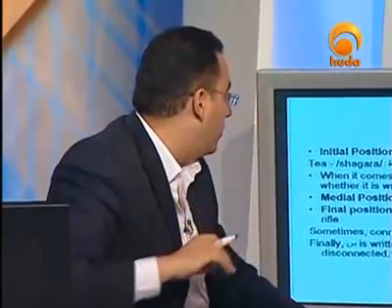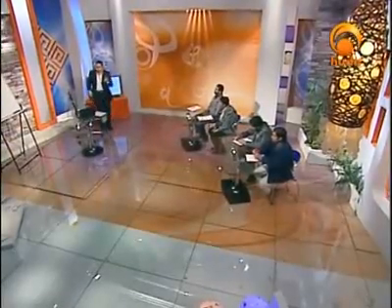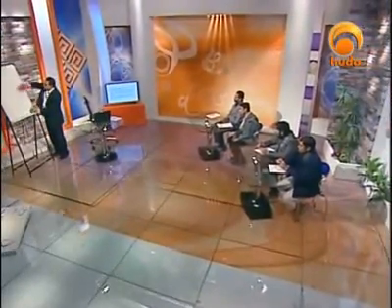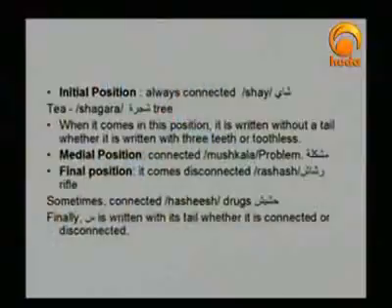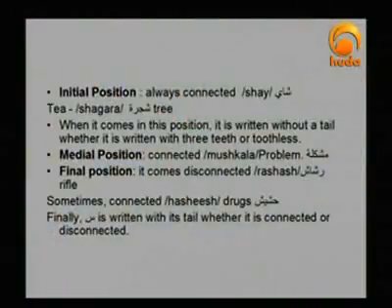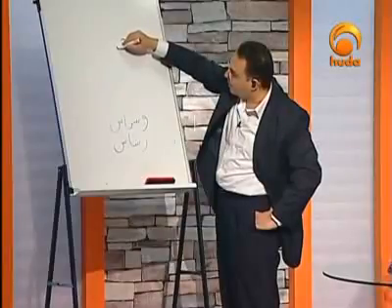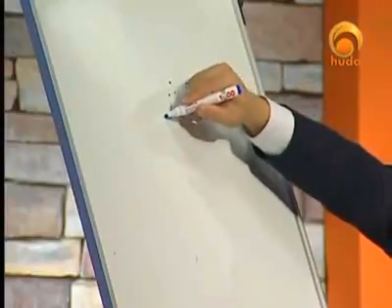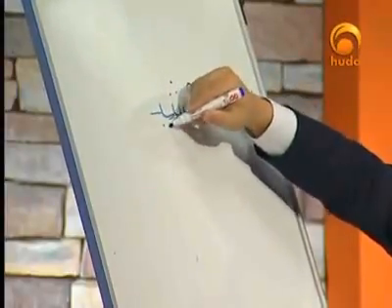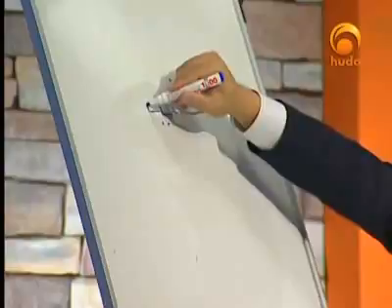For the word hashish, which means drugs, how many letters do we have? 5. Okay, let me write that. We have ha, we have sha, and then we have another sha.